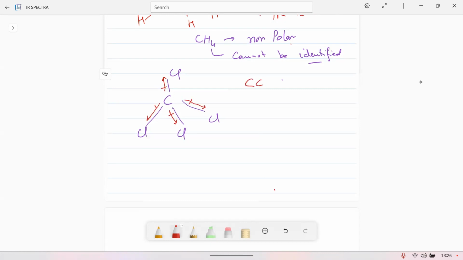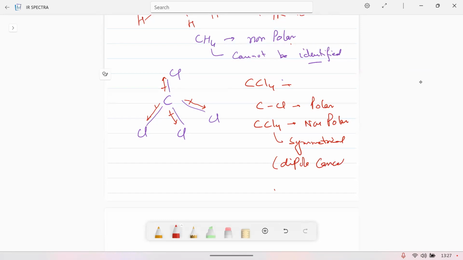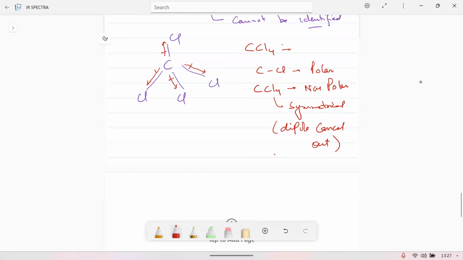So in CCl4, the C-Cl bonds are polar, but the CCl4 is non-polar. Why? Because this is symmetrical and the dipoles cancel out each other. So as a result, the CCl4 is non-polar.